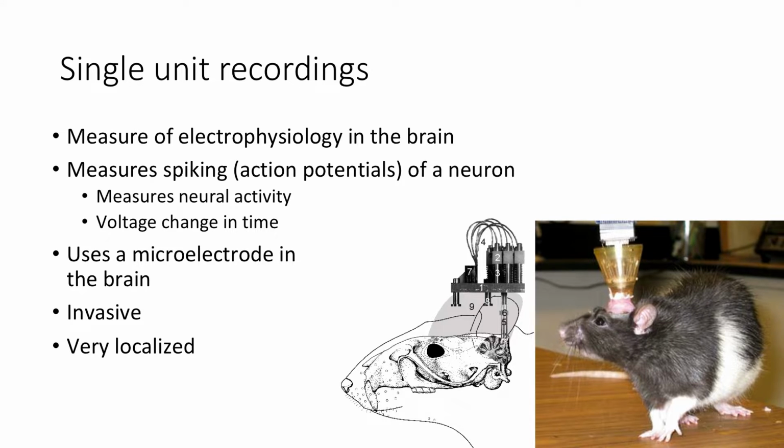A microelectrode can be inserted into the brain wherever you want to measure, and it can record the rate of change of voltage with respect to time. These microelectrodes must be super fine-tipped and have high impedance conductors, and they're mainly made of glass micropipettes or even little metal microelectrodes made of platinum or tungsten metal.